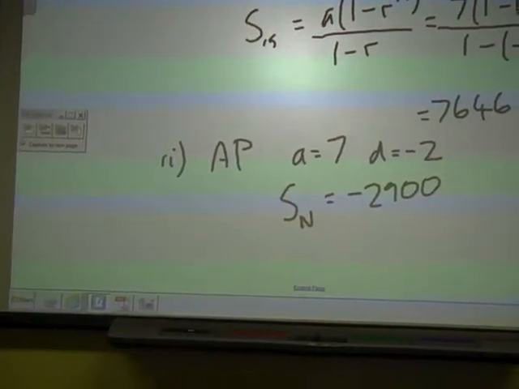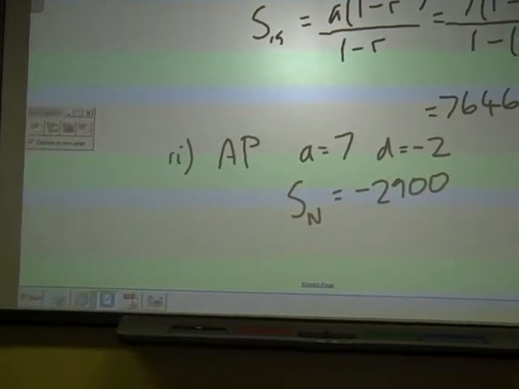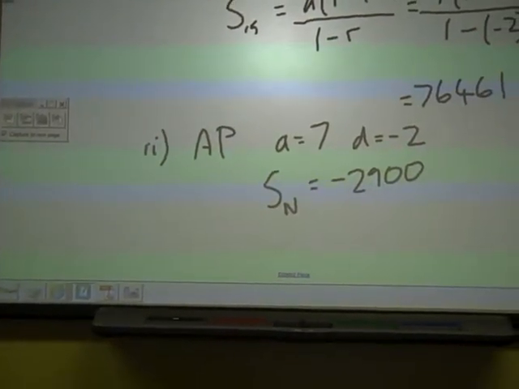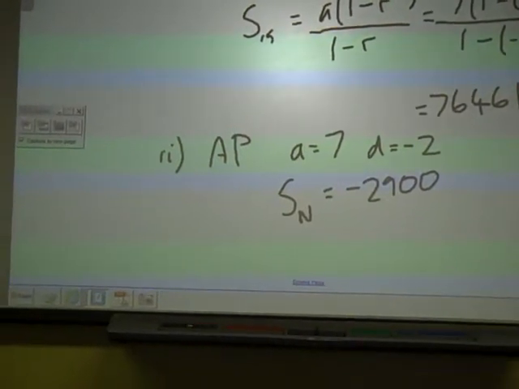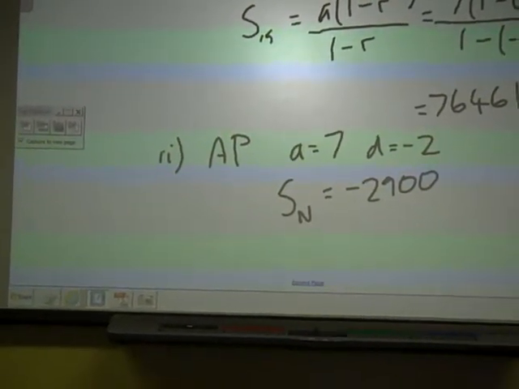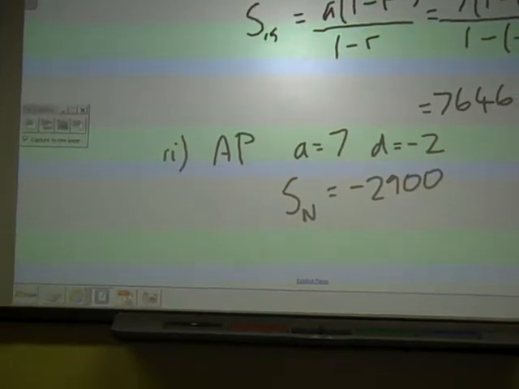Okay, so we've got to decide which form of the sum formula we're going to use. We don't know anything about the first and last terms, do we? So we've got to go with the other one, the one that has A and D and n in it.